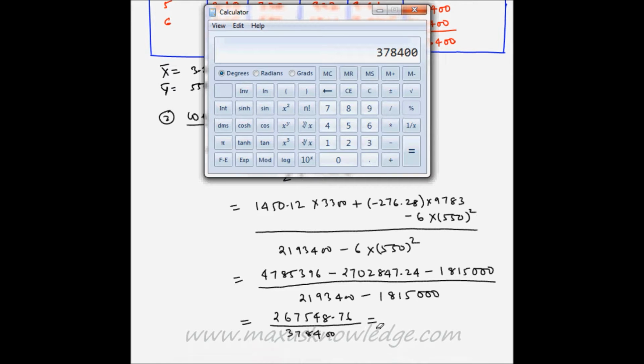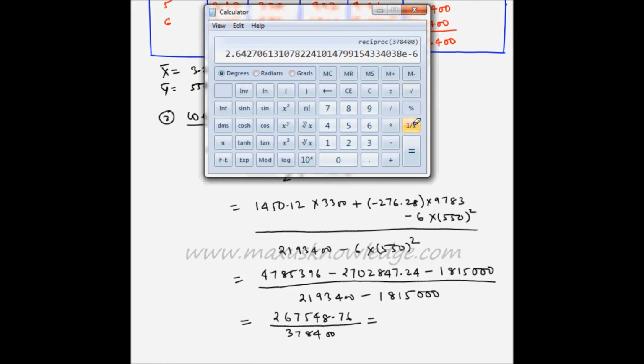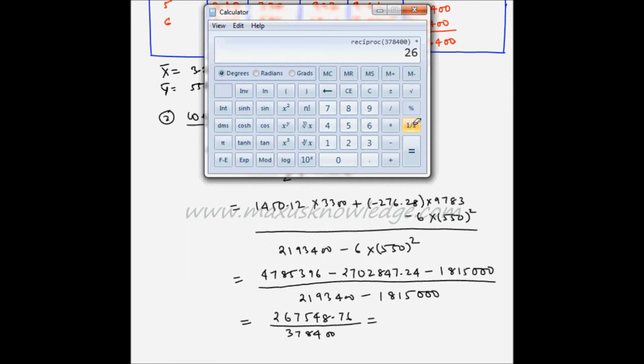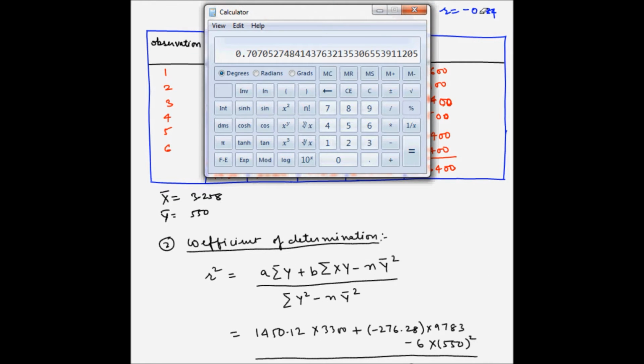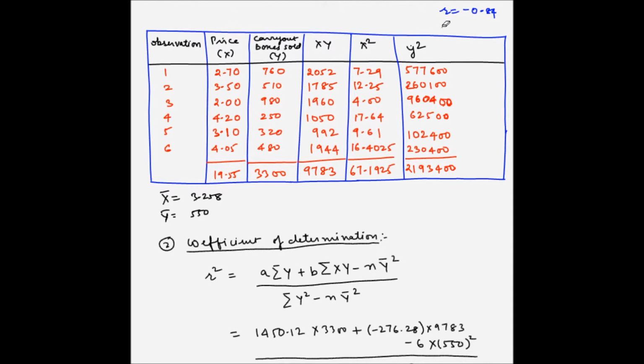And this is equal to, so we'll take 1 by x of this and multiply with 267,548.76. So 0.7 or 0.71, which is nothing but the square of this value r. So let us note this down, r square is equal to 0.71.